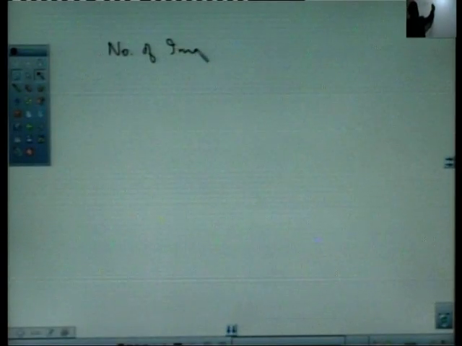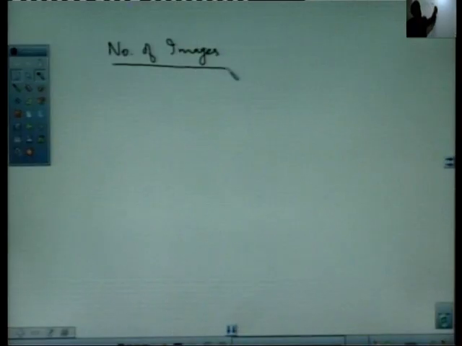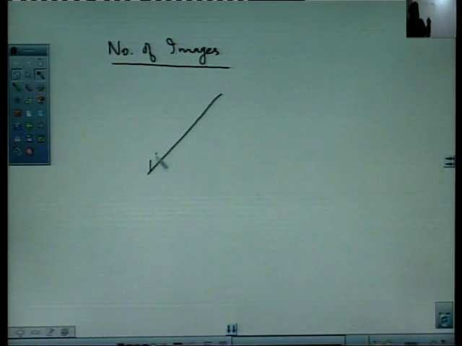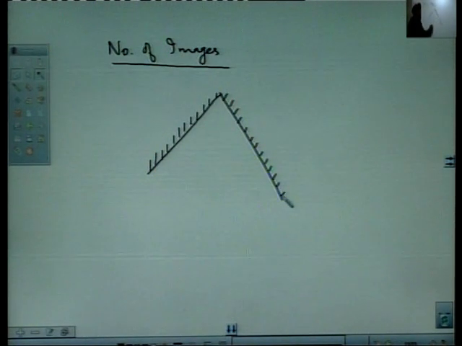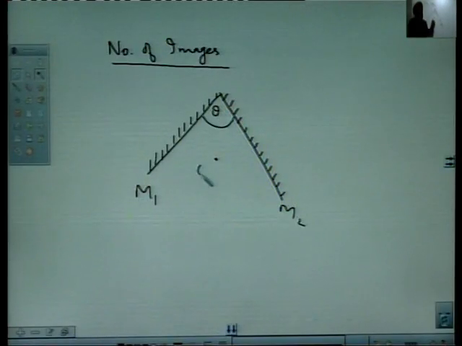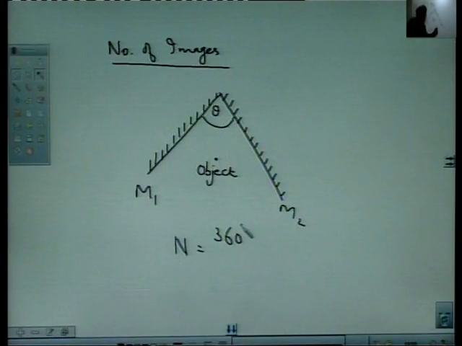Now, number of images. If we have 2 mirrors which are inclined to each other at a certain angle theta, and we have an object placed in between the mirrors, then the number of images will be 360 degree over theta minus 1.